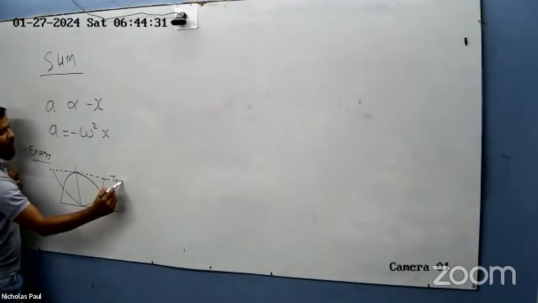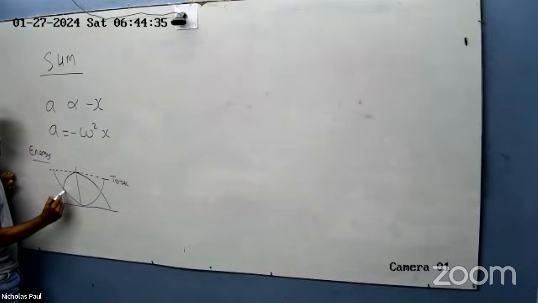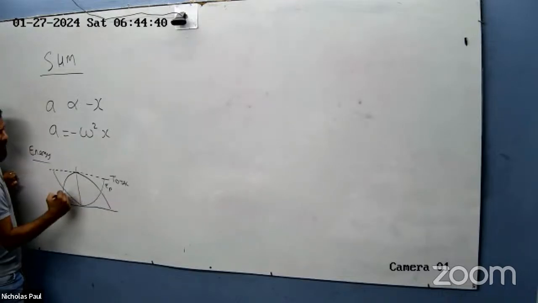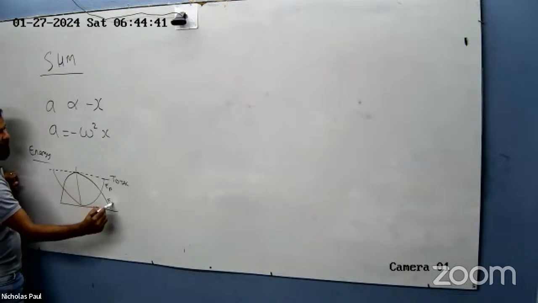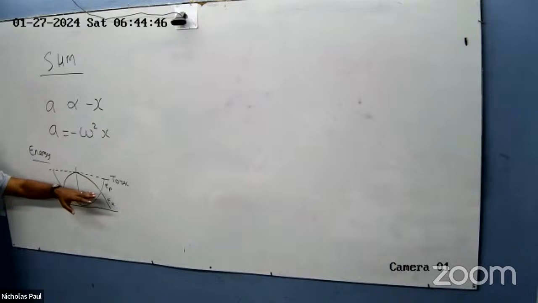Right, so that would be the total. Which graph is this again? And the total energy is constant, right? Remember that? Throughout the process, the total energy is constant.